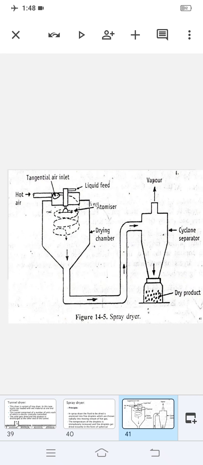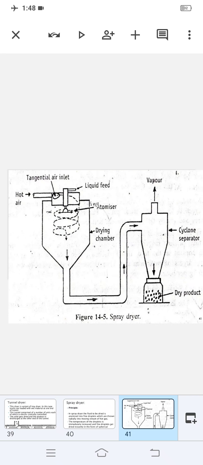Now, how does this work? Drying of the material in a spray dryer basically involves three stages. The first is atomization of the liquid, the second is drying of the liquid droplets, and the third is recovery of the dried product. So what is happening in atomization?